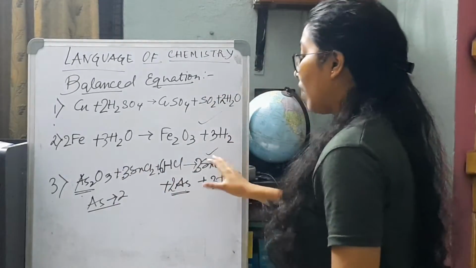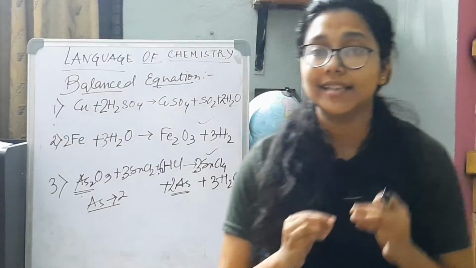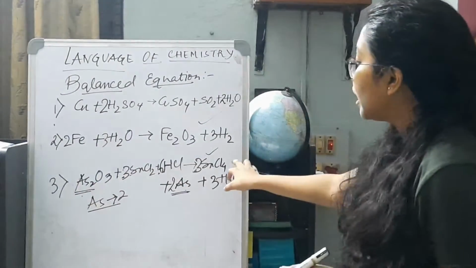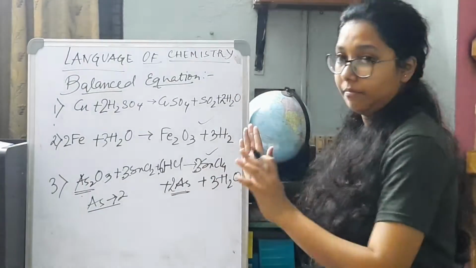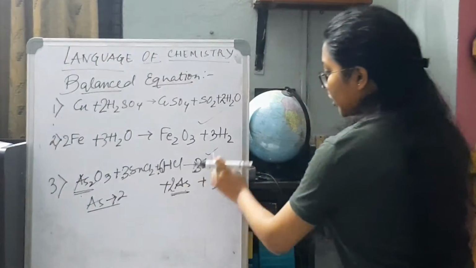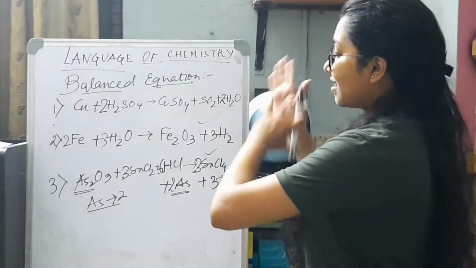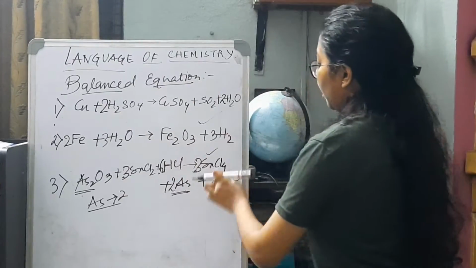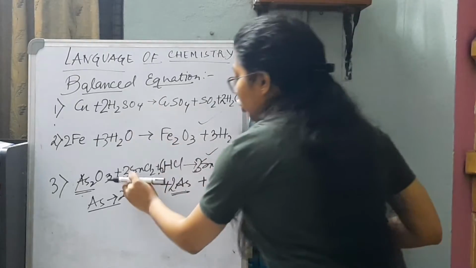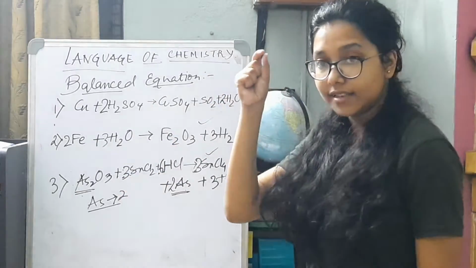How are we able to understand that both need to be the same? Because Sn has to be the same. So Sn on both sides has to have the same number. If this is having 3, this will also have 3. If this is having 4, this should also have 4. Can you get this?